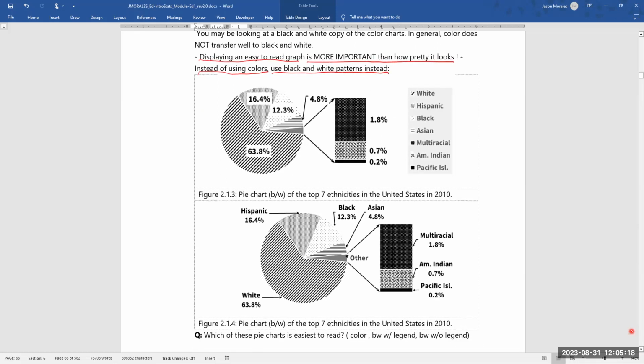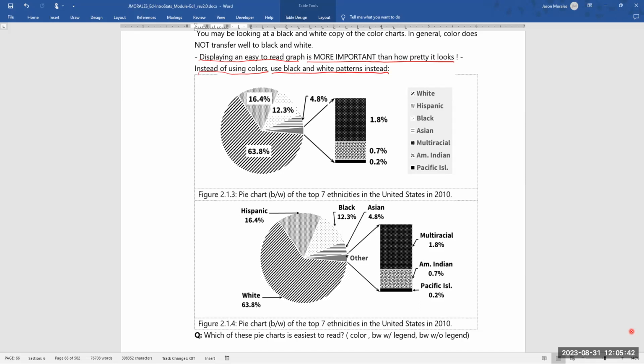Here you can see that with this version of the same pie chart, instead of using colors, I've used different patterns to fill in each wedge. The patterns stand out much more clearly in a black and white format versus a color being converted to black and white.